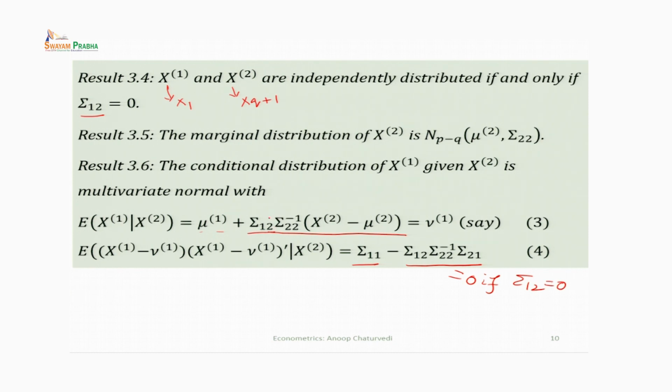So, for sigma 12 equal to 0, the conditional variance covariance matrix of x1 is simply the unconditional variance covariance matrix of x1.